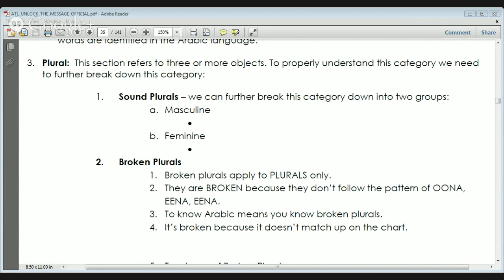You will start Surah An-Nur. Who's done? Who's almost done? I'm on the second box.